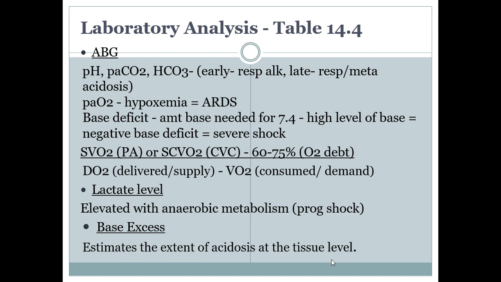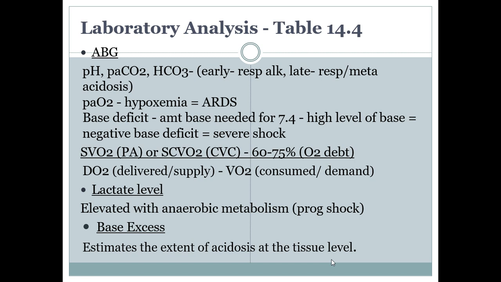Base deficit. Its sustained negative levels reflect the severity of shock. So if you're looking at this base deficit and you have sustained negative levels, then we know that the severity of shock is worsening. Arterial base deficit shows tissue injury severity because it's correlated with arterial lactate concentration.